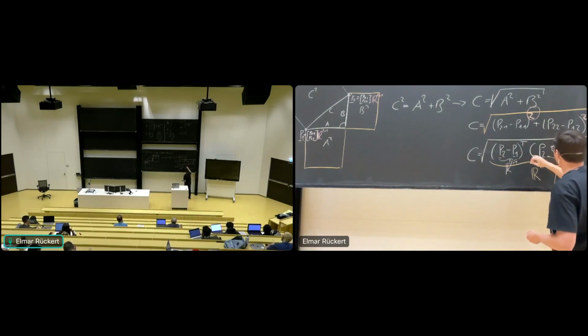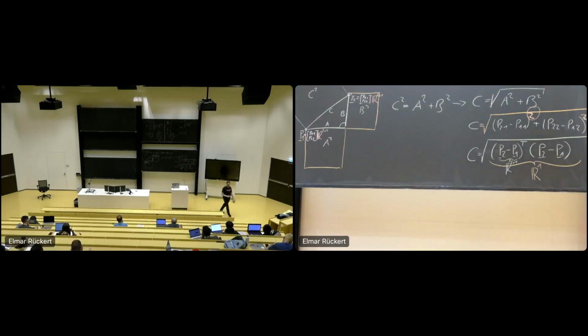So you multiply the transpose of the difference times the difference of the 2 vectors. Would that be equivalent? Give it a try. You can solve it yourself.